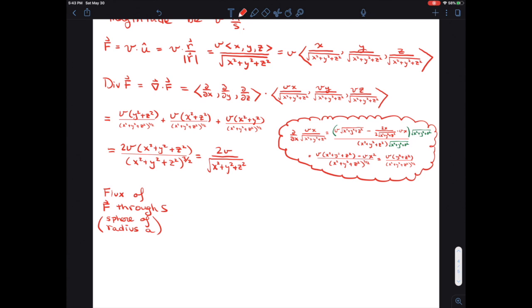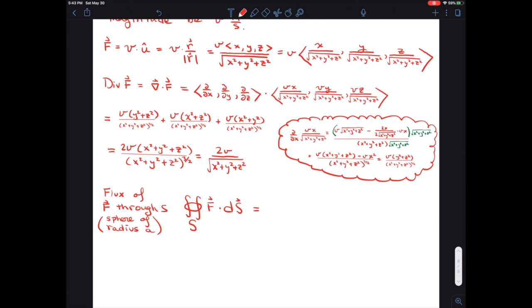Okay, so flux through a closed surface. You take the field and you dot it with dS, which is that outward normal. Because it's a closed surface, we always use an outward normal.